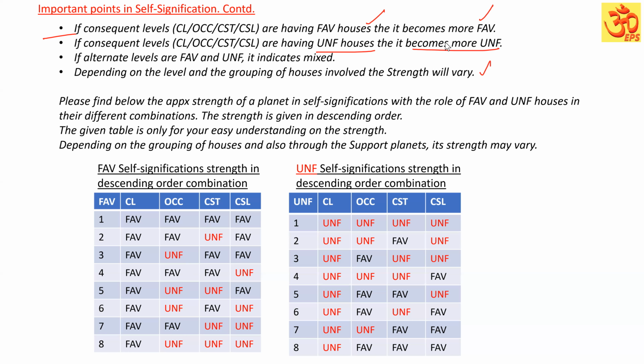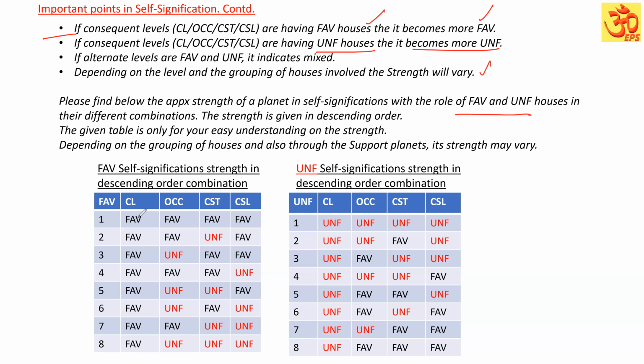Now, I have given in a table form the approximate strength of a planet in self-signification with the role of the favorable and unfavorable houses in different combinations. This is to give an idea of the influence of the favorable and unfavorable houses in CL, OCC, CST, and CSL levels.